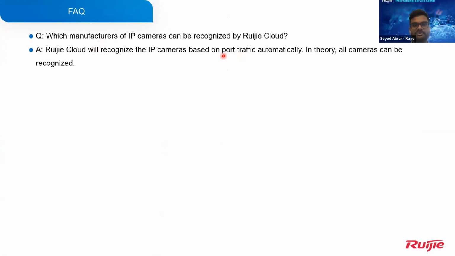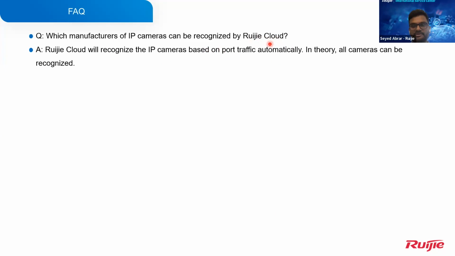So the manufacturers, the question, what I said is that based on the port traffic, it will detect it automatically. So it means we support all the cameras, all the manufacturers of camera, not only Hikvision. Because there are some cameras that will be identified quickly based on the manufacturer OUI, the MAC address OUI. So we can easily find out based on that.